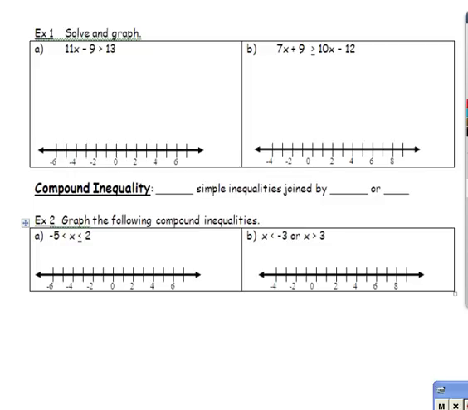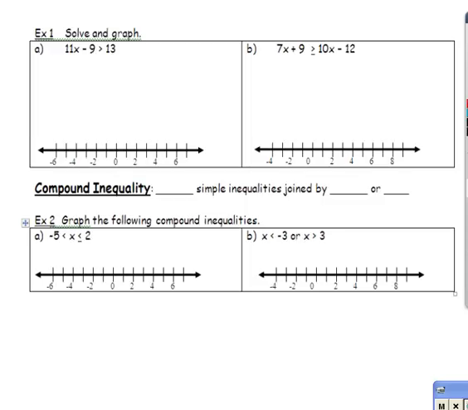And let me just solve problem A, and I'm really looking forward to solving many more problems in the class. They want us to solve and graph this problem. So this one takes a little bit more steps. We have 11x minus 9 is greater than 13. I always imagine I'm an archaeologist when I'm solving problems like this.